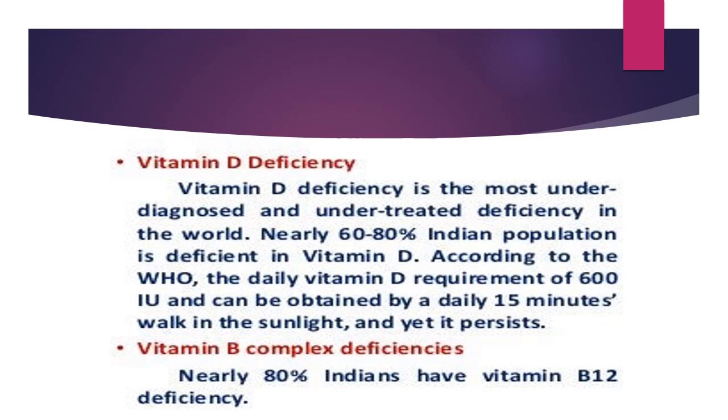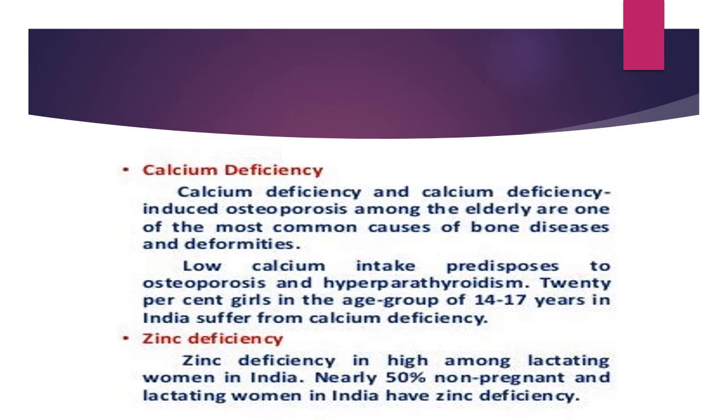Then comes vitamin B complex deficiency. Nearly 80% of Indians have vitamin B12 deficiency. Then comes calcium deficiency. If calcium deficiency is there, it leads to osteoporosis among the elderly people.